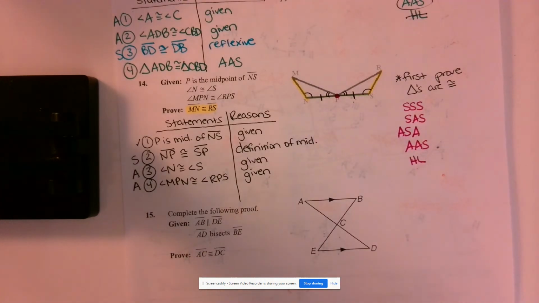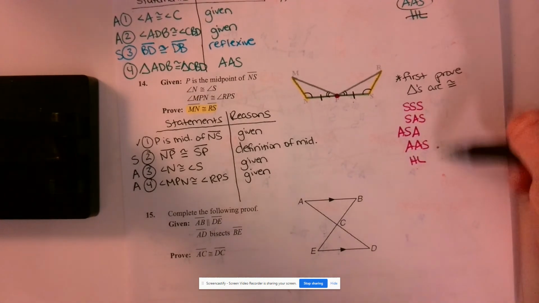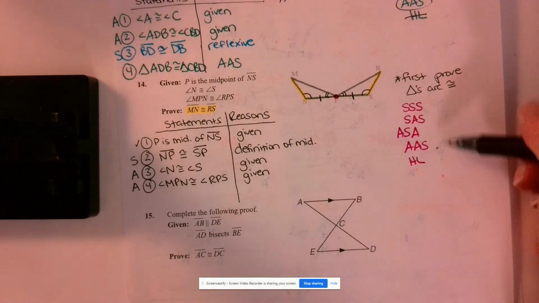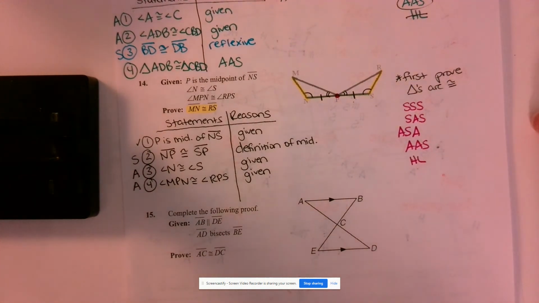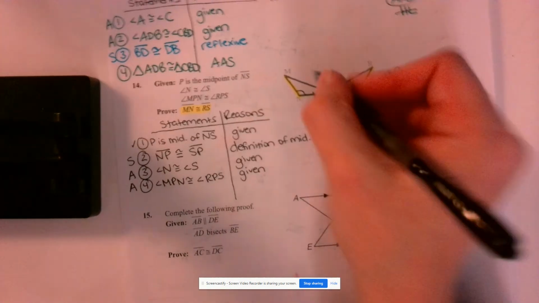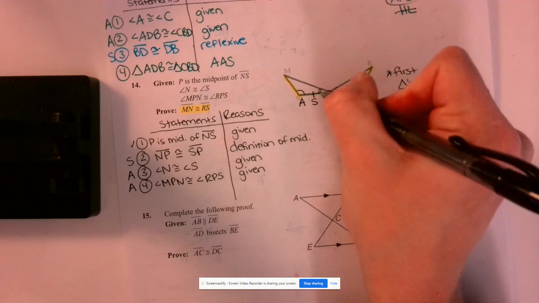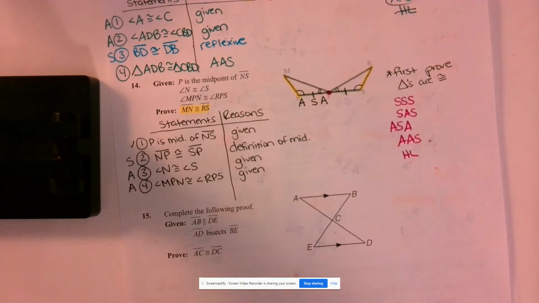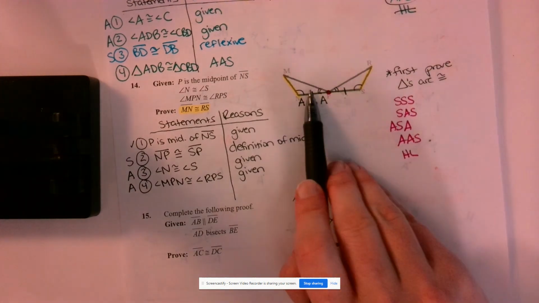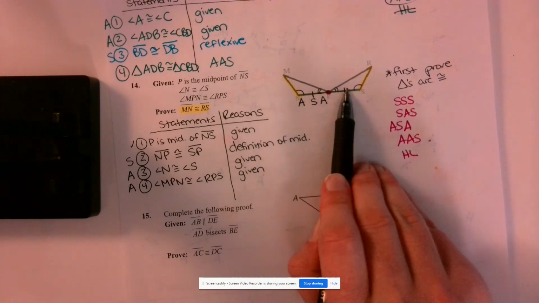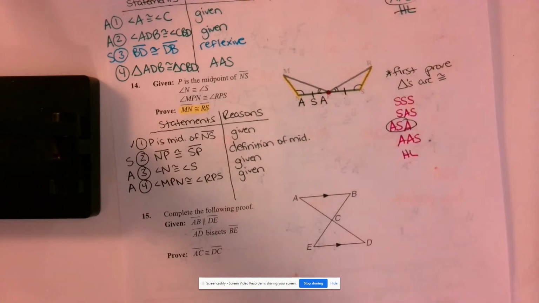I am now ready to check to see which of my 5 congruence theorems I can use to prove the triangles are congruent. I have an angle, a side in between the two angles, and another angle. So I know these two triangles must be congruent by the angle side angle theorem.